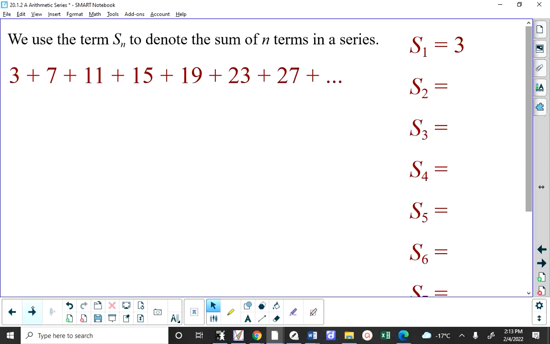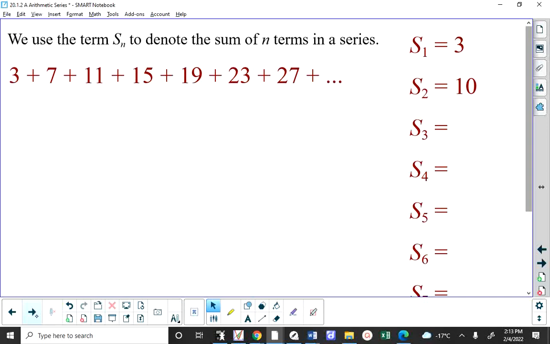Who can tell me what you believe S2 is? It's 10. Can you explain why? Yeah. It's the sum of the first 2 terms. So the second term is 7, but S2, T2 is 7, S2 is 10. It's the first term plus the second term.